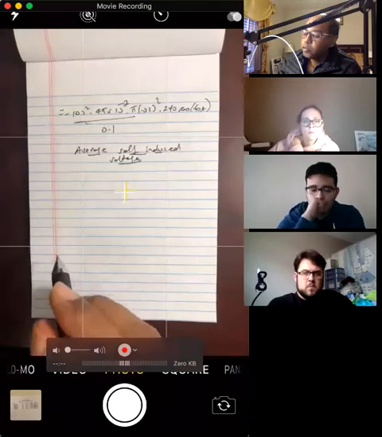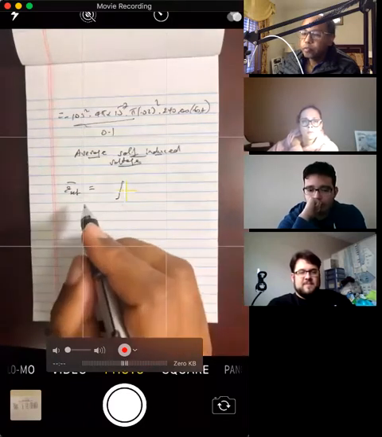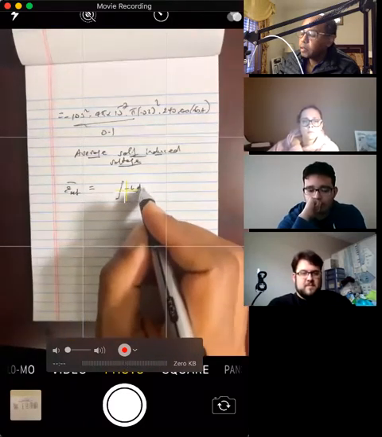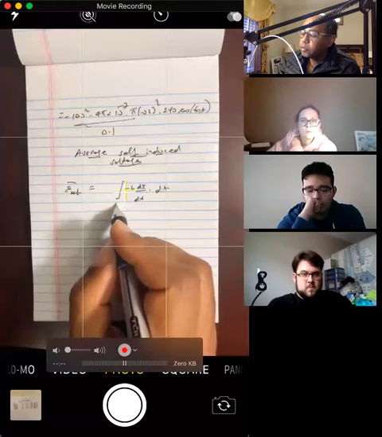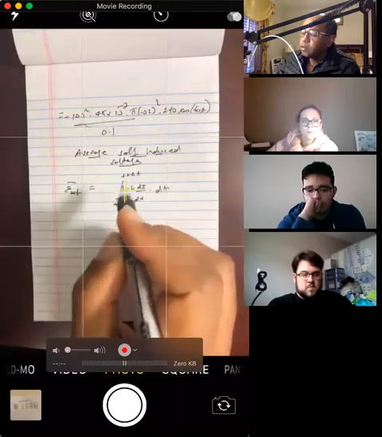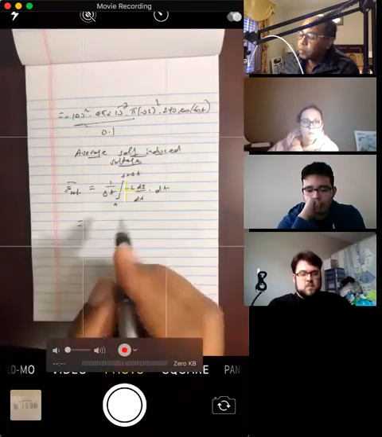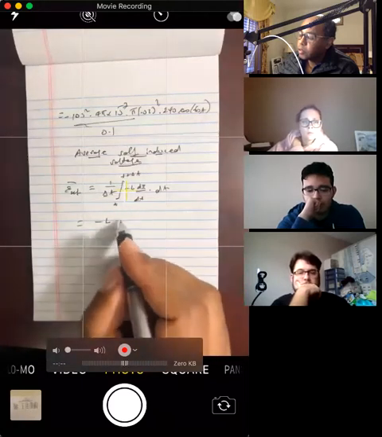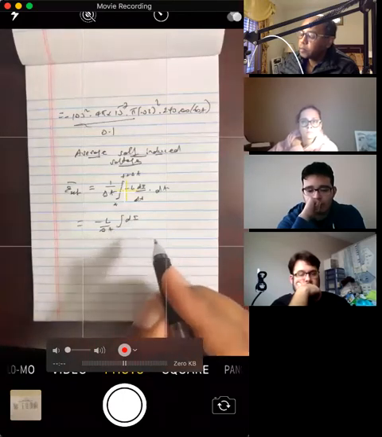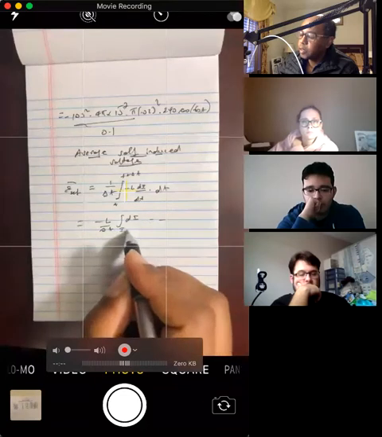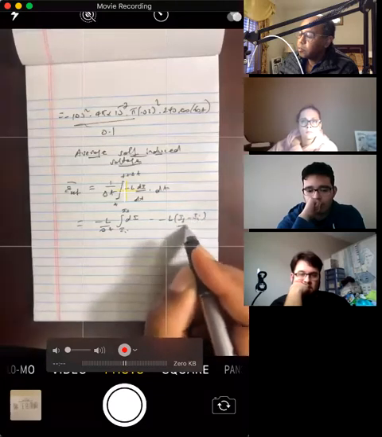So what do you do to get the average? Well, you're going to integrate the self-induced voltage, which is negative L di by dt, with respect to time. You take it, let's say, from t to t plus delta t. You calculate the area and then divide by the base, delta t. So you take negative L out, and this is the integral of di over delta t, and the integral of di is simply delta I. So it goes from I initial to I final, and you get negative L times I final minus I initial, divided by delta t.